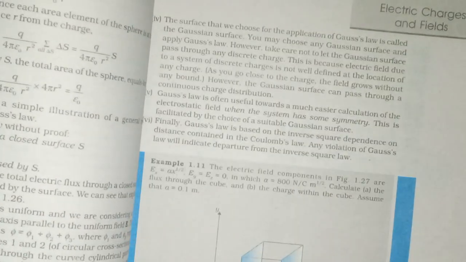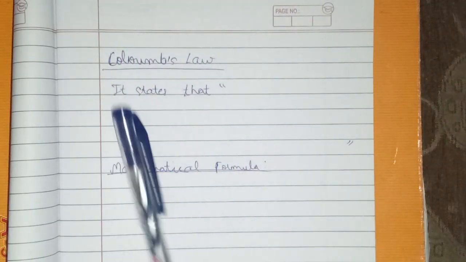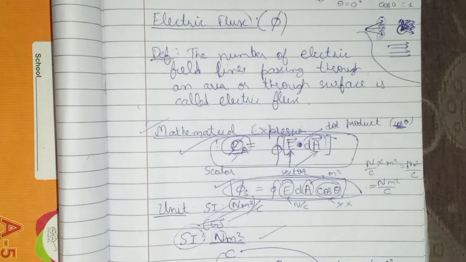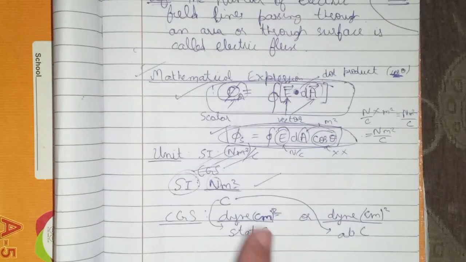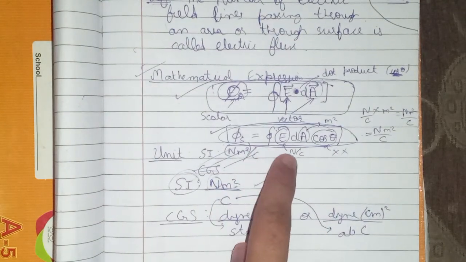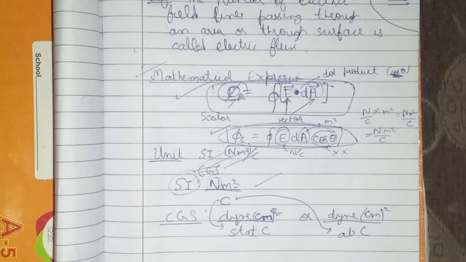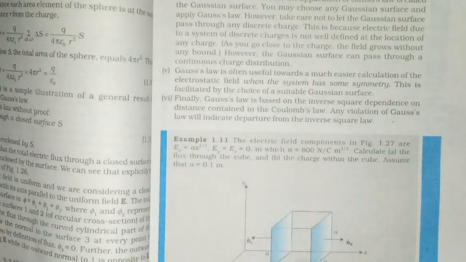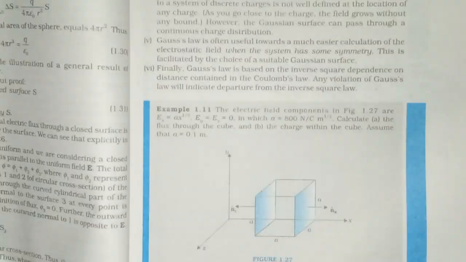Before doing Coulomb's law, let's do numericals on electric flux. Here's the formula: E dA cos theta, and here's the numerical.